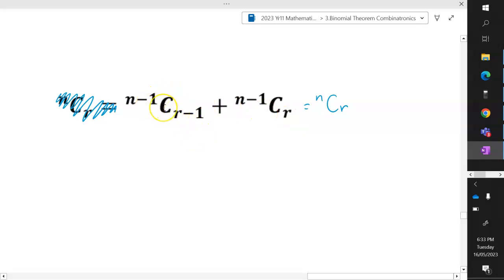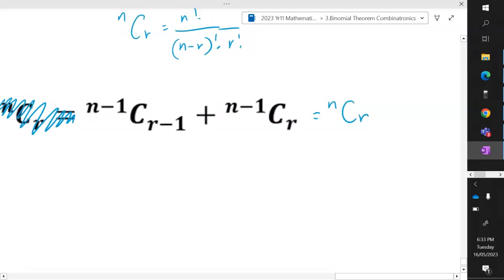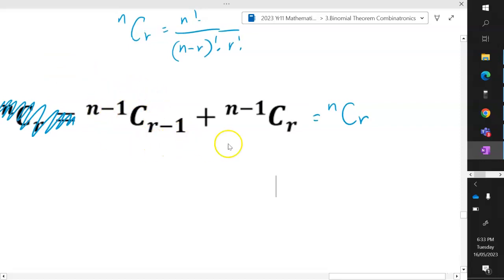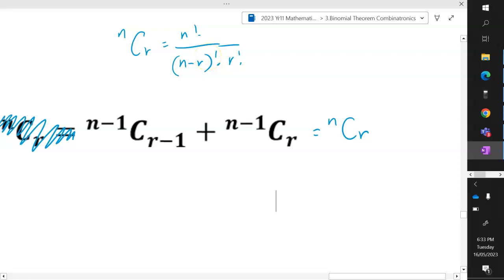So we're going to remember that NCR is n factorial over n minus r factorial times r factorial, and we're going to work each of these into this format. If you want to pause the video and see if you can do that, that's what we're going to do now. So my left-hand side is equal to n minus 1 CR minus 1 plus n minus 1 CR.